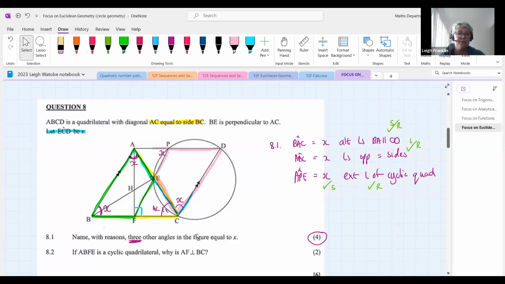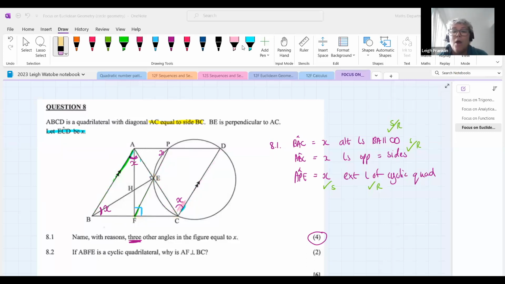Might be a little bit difficult on my diagram given I've drawn all over the place here. Can anybody see that? I'm just going to try and get rid of some of these lines here, and draw the cyclic quad in again.